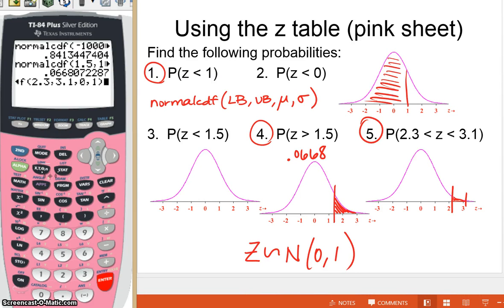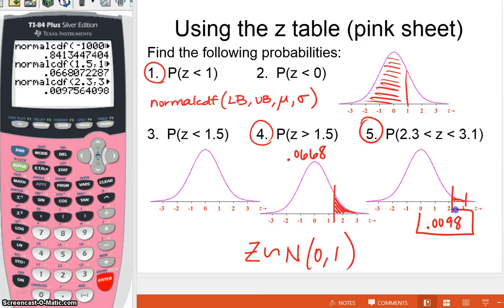If you don't have this operating system, you enter 2.3 comma 3.1 comma 0 comma 1. And we get that small number of 0.0098. So that's everything that we did yesterday, except much faster and easier using the calculator.